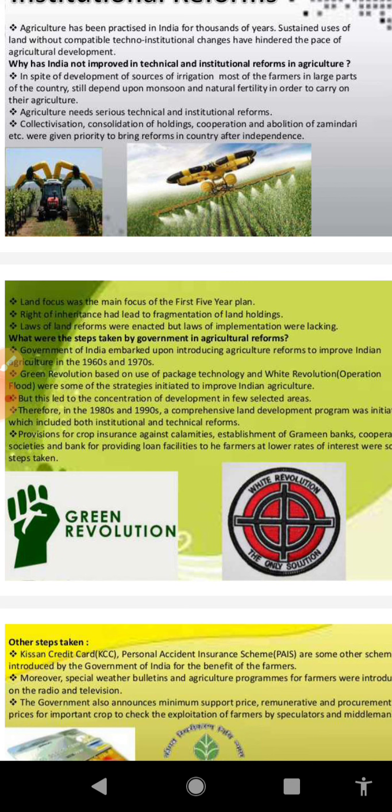Second, a very important reform under the credit reform is that the need for credit for agricultural purposes has been brought under institutional programs and schemes.